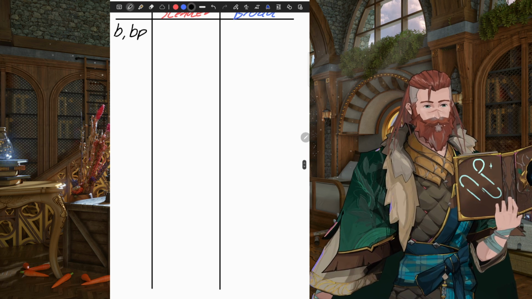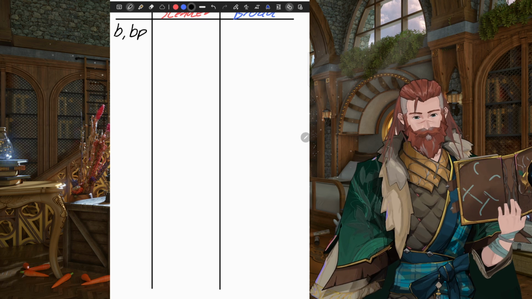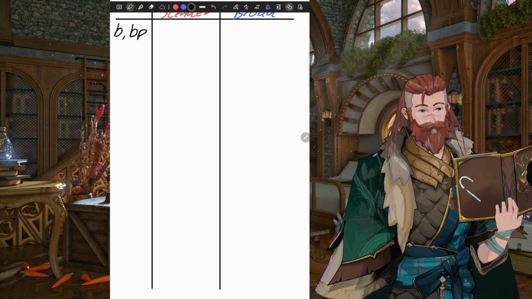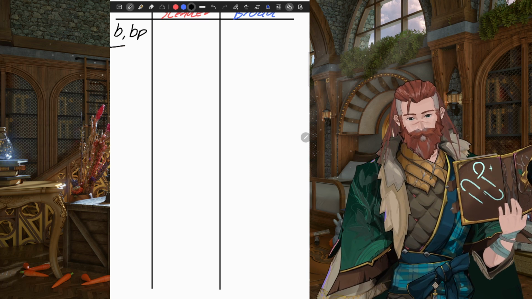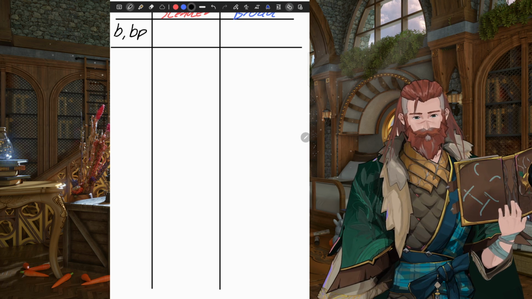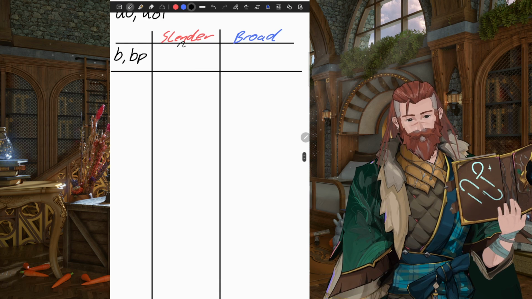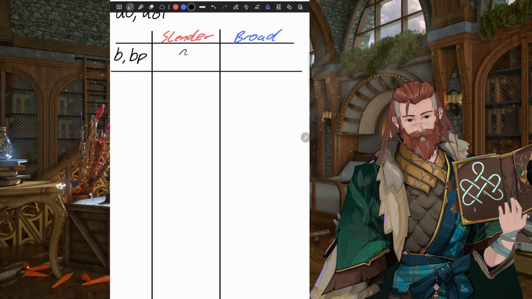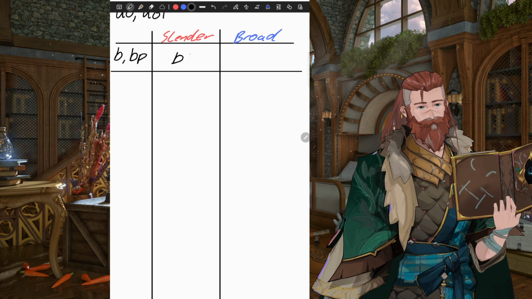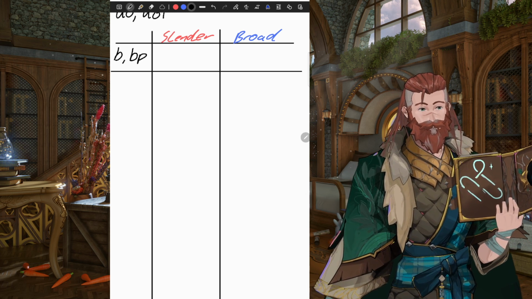For Slender B, it's kind of close to just a regular B, you know? Slender B, that's the best way for me to describe it, is just regular B.